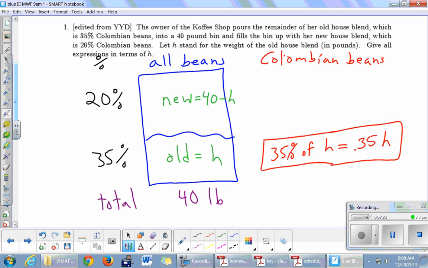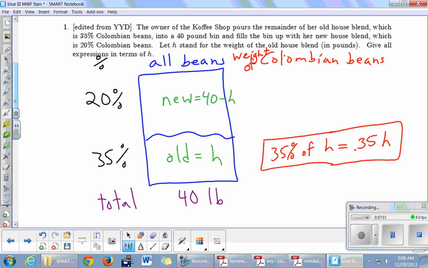So 0.35 H represents, I should write one more word up here, this is the weight of the Colombian beans. 0.35 H is the weight of the Colombian beans. So in English, we took the percent that was Colombian beans and we multiplied by the weight of all the beans in that section, and that gave us just the weight of the Colombian beans.